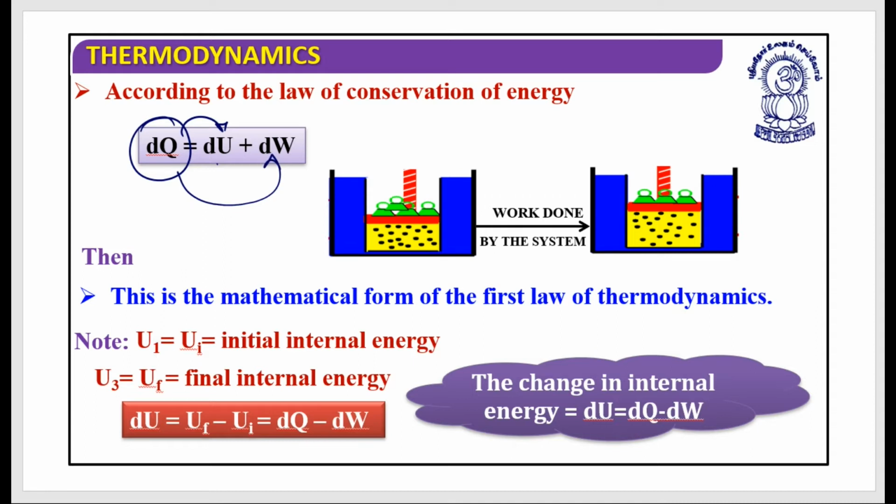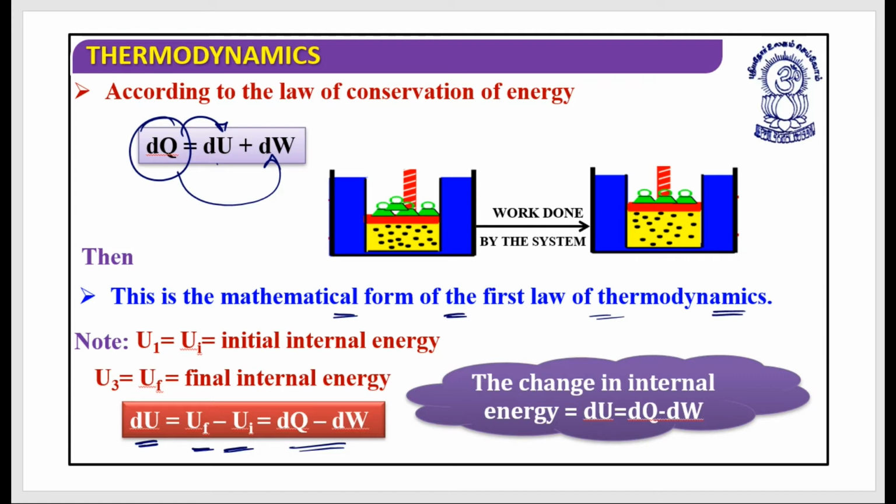If a certain part goes to dU, then the other part would be dW. This is the mathematical form of the first law of thermodynamics. dU, which is equal to final energy minus initial energy, should be equal to dQ minus dW.